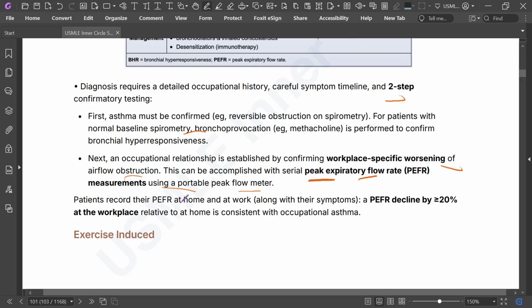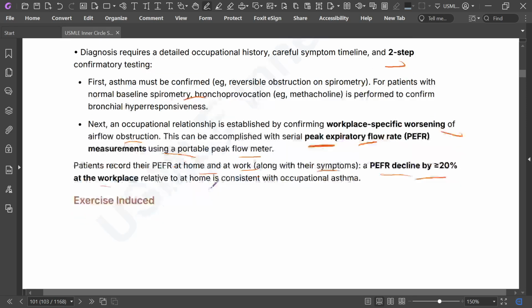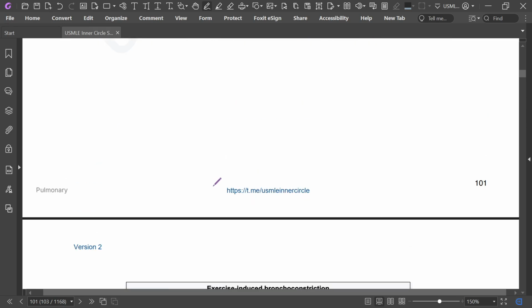Patients record their peak expiratory flow rate at home and at work, along with their symptoms. A peak expiratory flow rate decline by more than 20% at the workplace relative to home is consistent with occupational asthma.